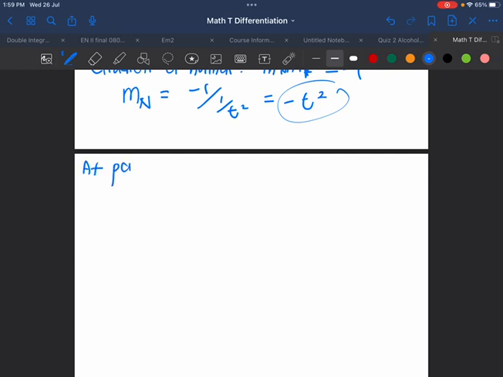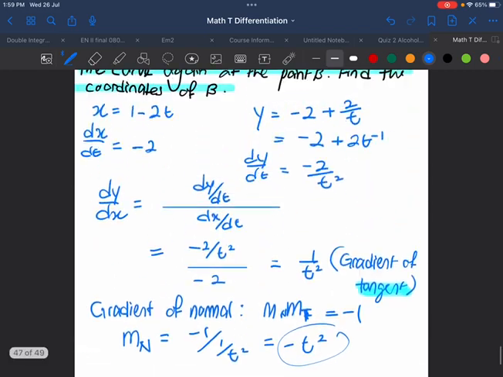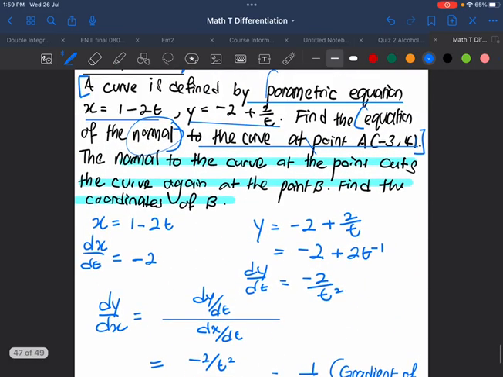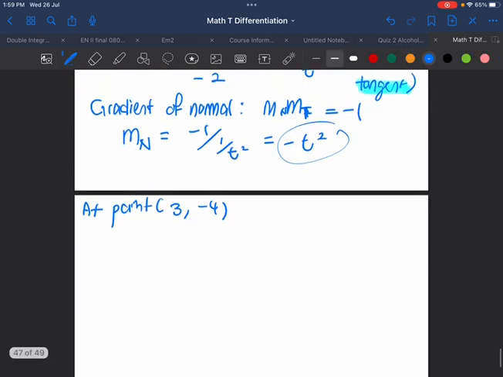At point A is negative 3, 4, or 3, negative 4? I'm sorry, the question should be 3, negative 4, right? So at the point 3, negative 4, x equals 1 minus 2t.